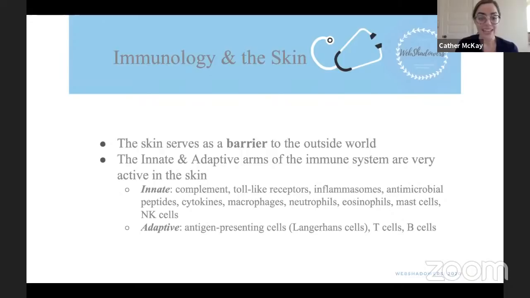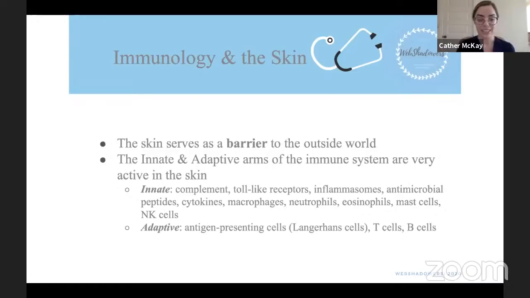The innate and adaptive arms are the ways you think of the immune system, and both are super active in the skin. The innate immune system is all this stuff that's just ready to go. It's the immediate reaction that the immune system has to potential threats. It has complement, and toll-like receptors play a role.